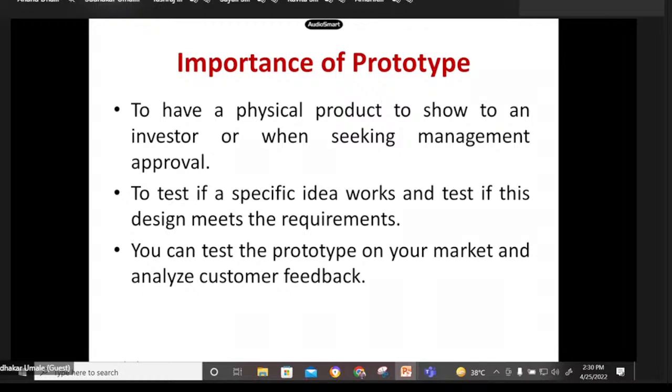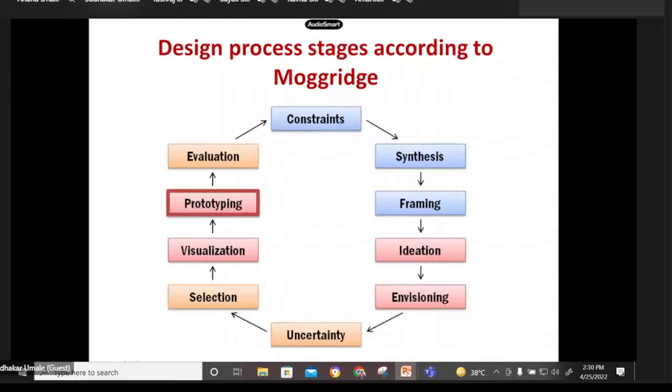So these are the importance of prototype, why we need a prototype. This is the answer of it.